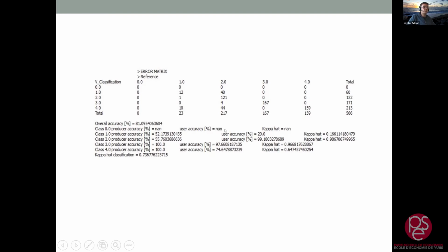So this is what is called the user accuracy. Here, in this case, it's very bad. 20% of the pixels that are classified as 1 in our map are correct. So you can give several indicators like that of the map that we have produced in order to analyze the quality of the map.